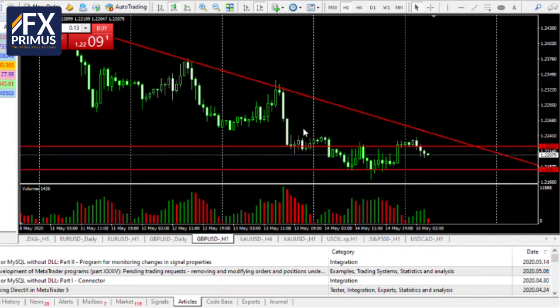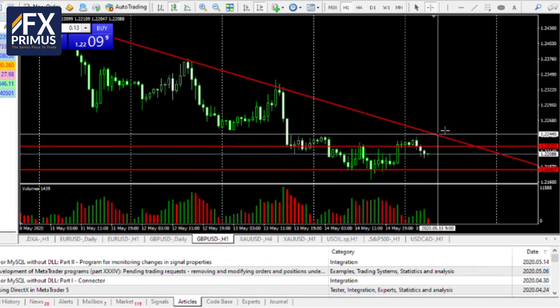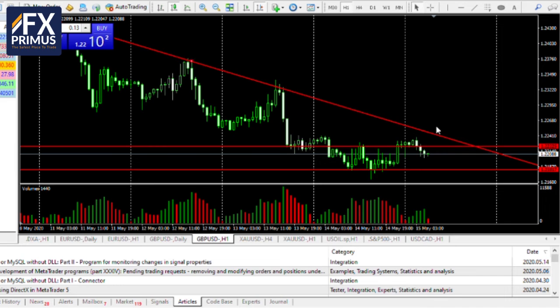Later on, about 2 to 4 p.m. local Singapore and Malaysia time, we will have a look and see whether the UK pound comes back up to test this dynamic trend line. This trend line has been with us ever since last Friday.